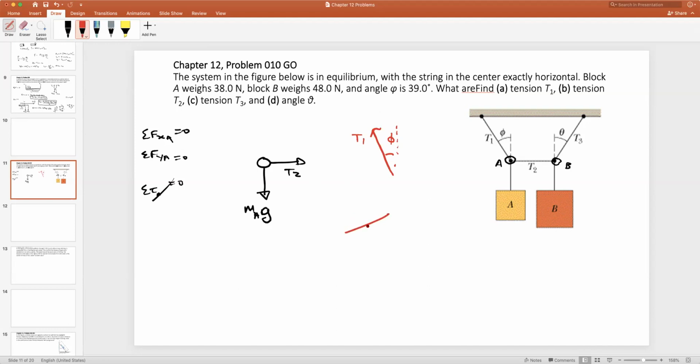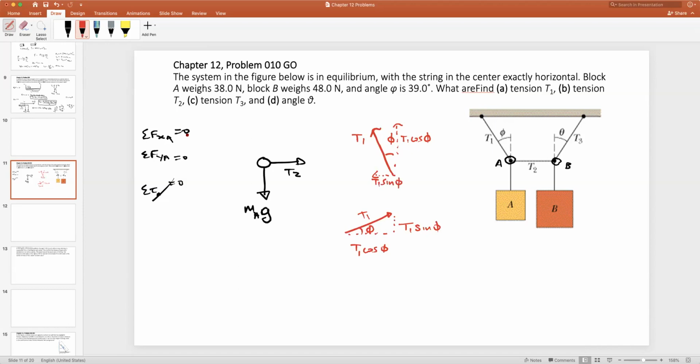So if I remember that for a vector that's just a right triangle, if this was T1, this would be T1 cos phi, and this would be T1 sine phi. So this is T1 cos phi, and this one here is T1 sine phi.